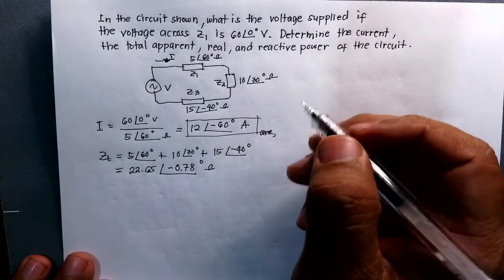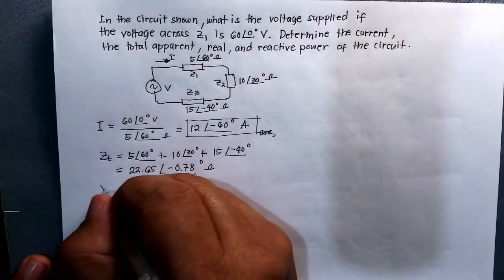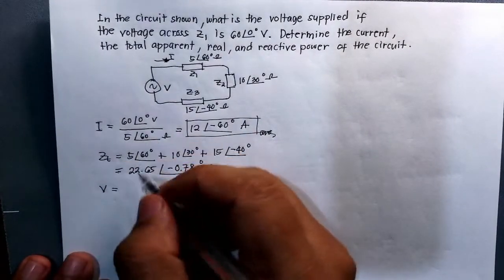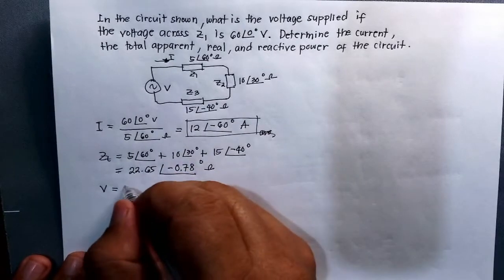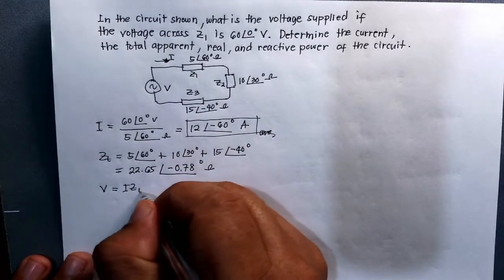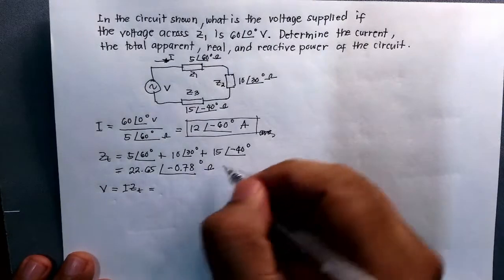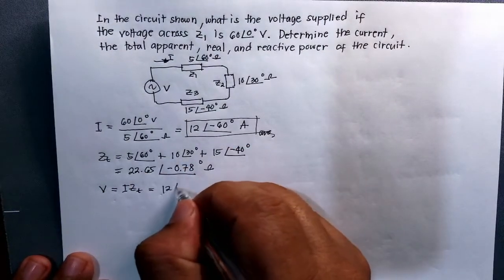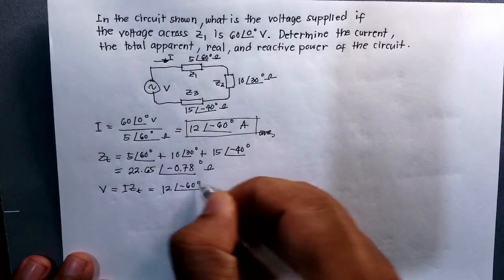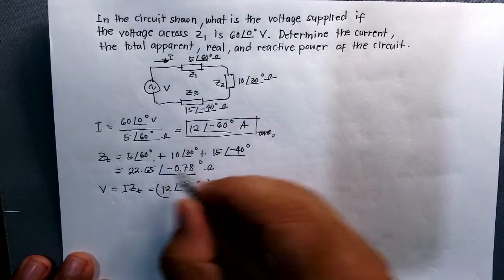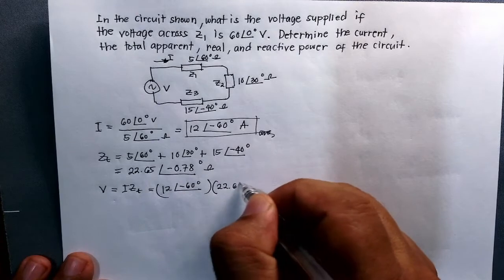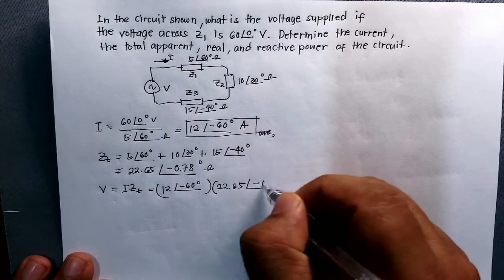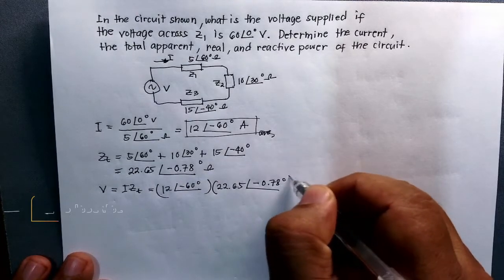Now, if you have the total impedance and the total current, we just multiply I and ZT. So I'll multiply 12 cis of negative 60 degree by ZT, which is 22.65 cis of negative 0.78 degree.